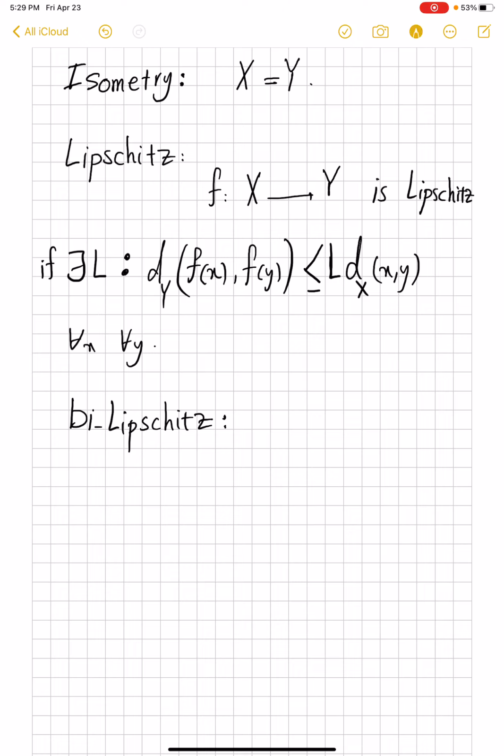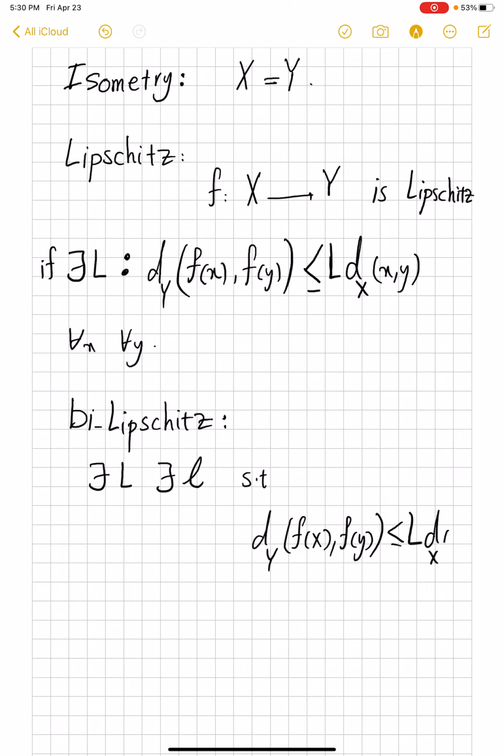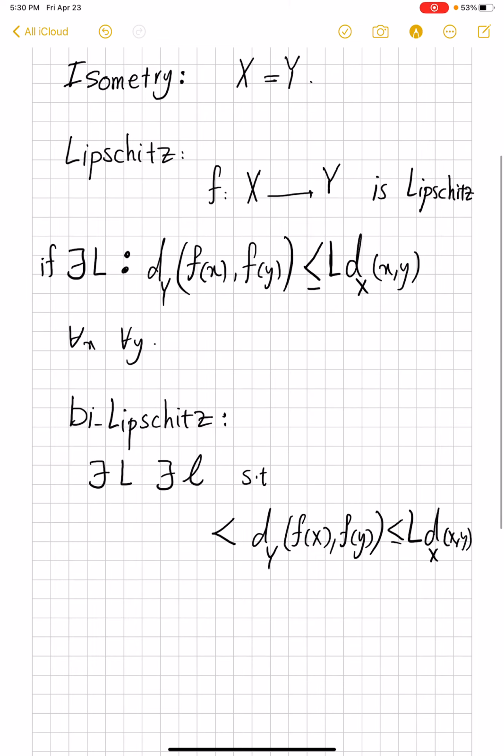Therefore, we look at bi-Lipschitz maps, where you would require that there is one capital L and there is one little l, such that this time there is also a bound from below. So you want to have f mapping two points without stretching the distance too far, but on the other hand, also not crushing them. So it's also bigger than l times the distance d(x,y). So that's the notion of bi-Lipschitz maps.